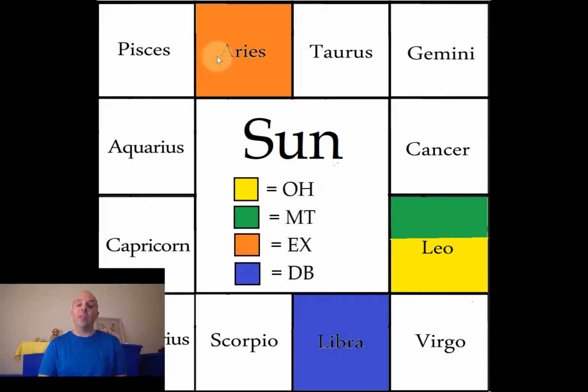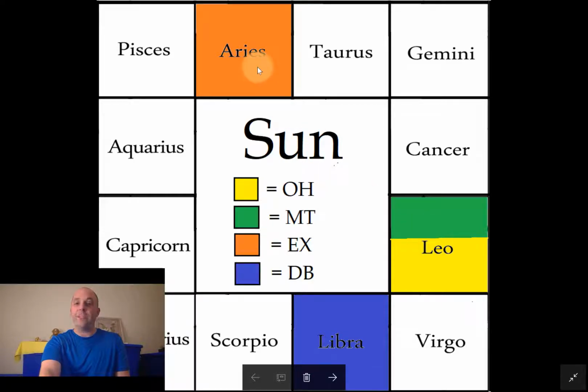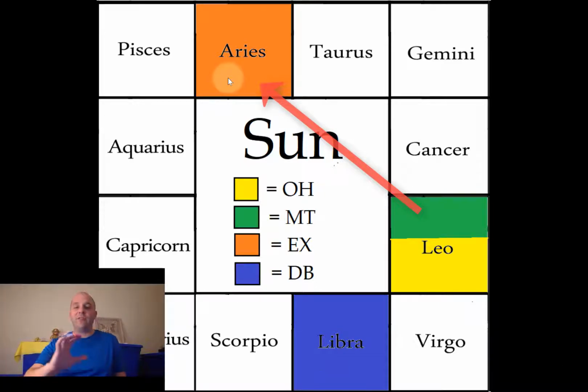Another thing we can look at is counting the rasis that Aries is away from Leo, because Leo is the Moola Trikona position. Aries is the exaltation place. So when the sun is exalted in Aries, it's in the 9th rasi from its Moola Trikona position.